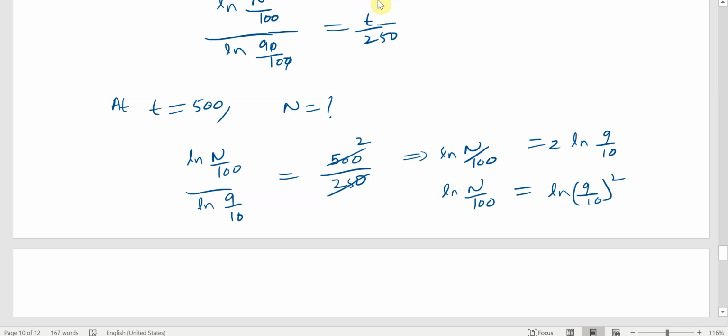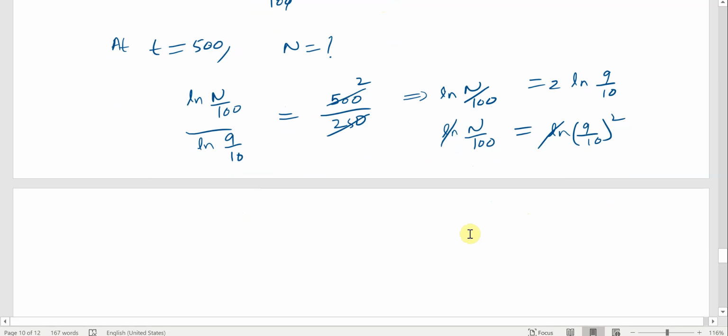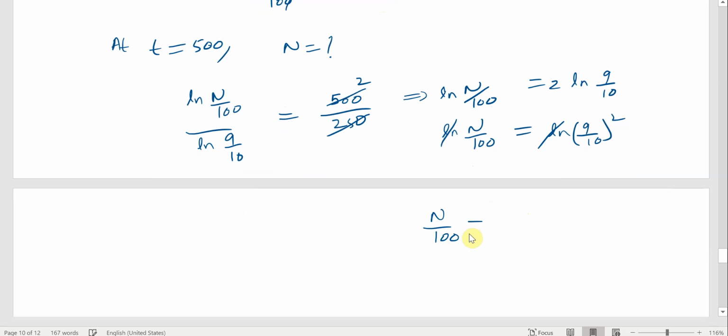Because here 2 is there, we cannot cancel ln, but now we can cancel ln and ln, as they are only single, alone. Later from this we need to find n. Clearly n by 100 will be equal to 81 over 100.